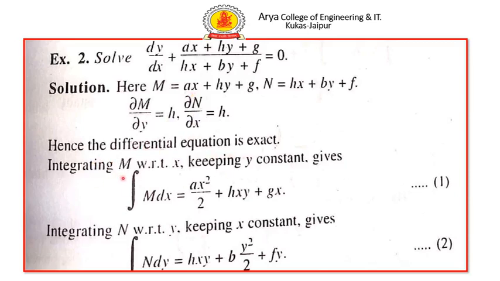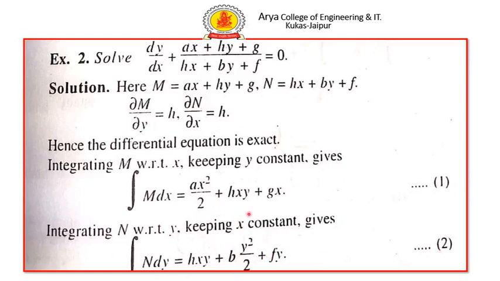To solve the exact differential equation, we first integrate M with respect to x, keeping y as constant. Integral of M dx equals ax square by 2 plus hxy plus gx, given by equation number 1. Again, integrating N with respect to y, keeping x as constant, gives the value given by equation number 2.